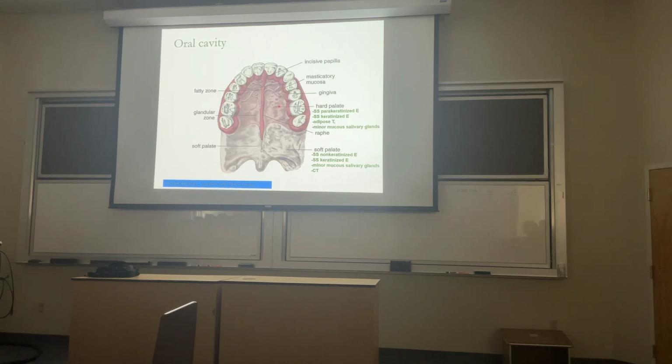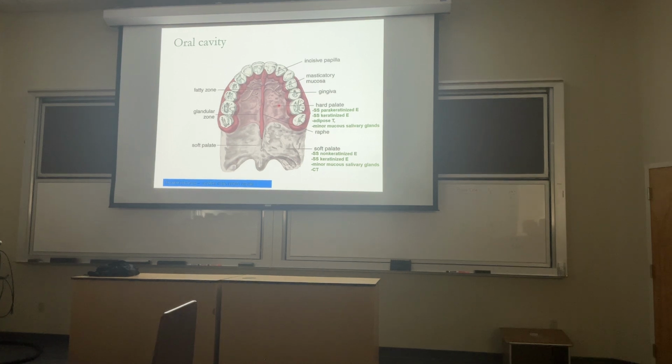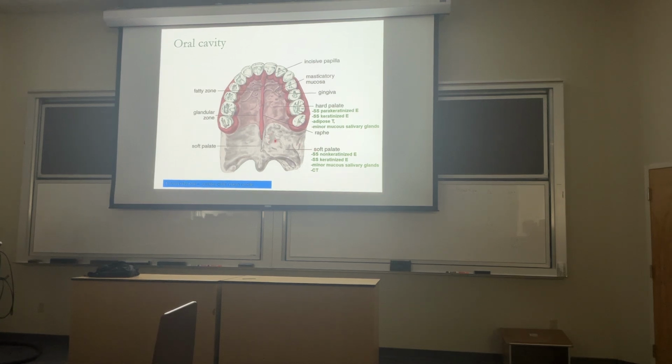It actually has a thin bone in the hard palate. It's called the palatine bone. And so this anterior 2/3 has a bone in it, and we'll be able to see that under the microscope. As we go back, the back part, posterior part, is the soft palate, and there's no more bone there.